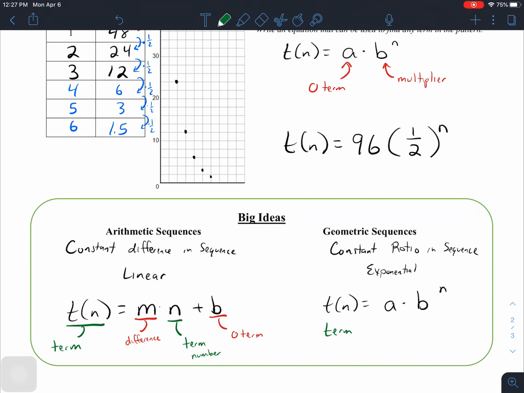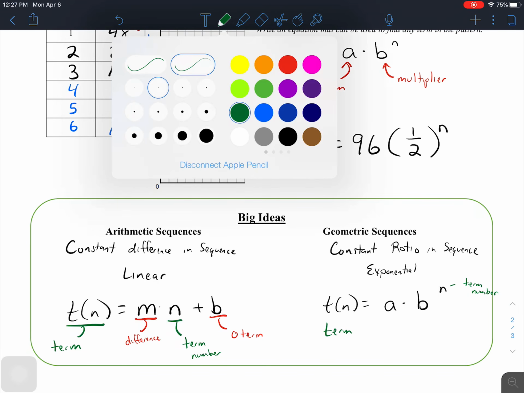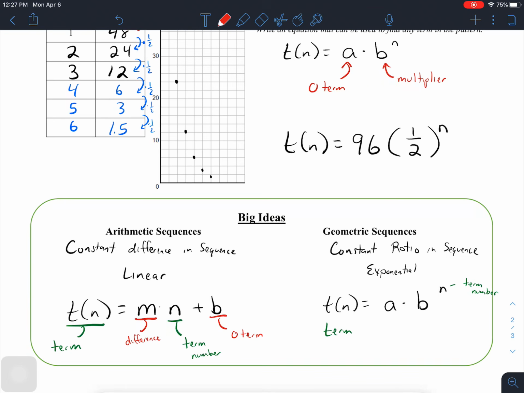Same idea. T of n is your term. N is your term number. B is your ratio that you're dealing with. That constant ratio or that constant multiplier. And A is going to be your zero term.